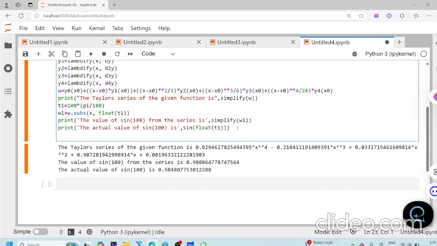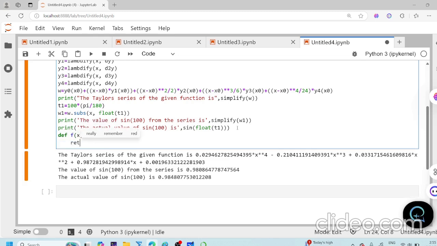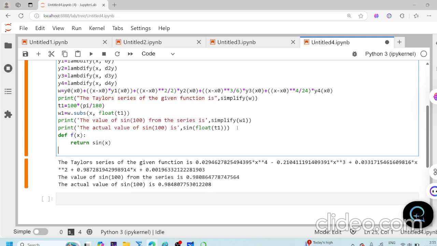First I should define the function, def f of x. It should return sin x. If we get an error, then I should write sin of 1 star x. So it is now defined.